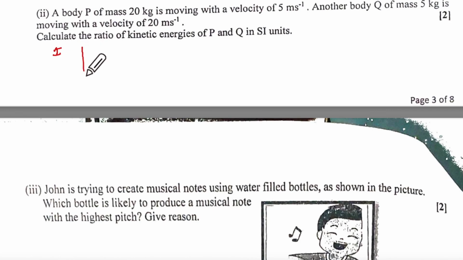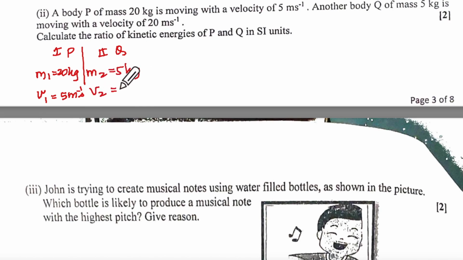Anytime there is a ratio, K equal to root this is your P and this is your Q. So M1 is 20 kg and V1 is 5 meter per second and M2 is 5 kg and V2 is 20 meter per second.